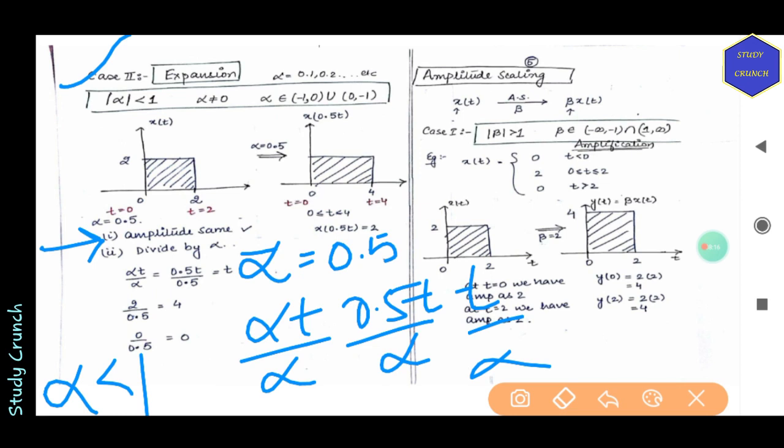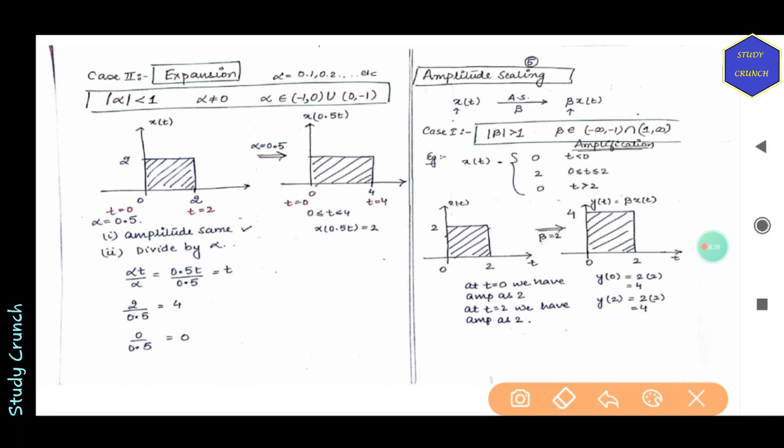In the compression part it should be greater than 1, and in expansion it should be less than 1. So writing it that at t is equal to 0 we'll be getting 0, and at the next point we'll be getting the next value, so it is the expansion.